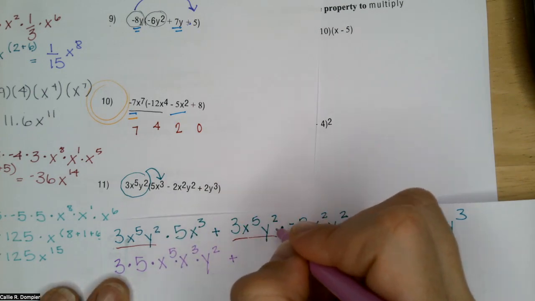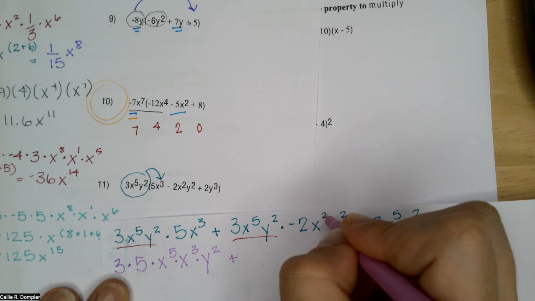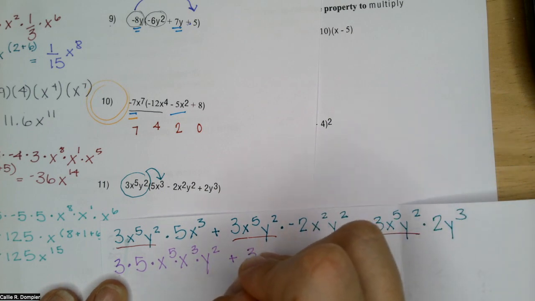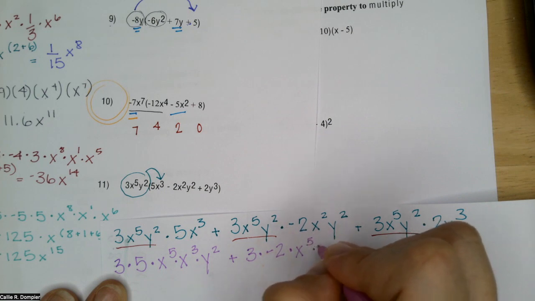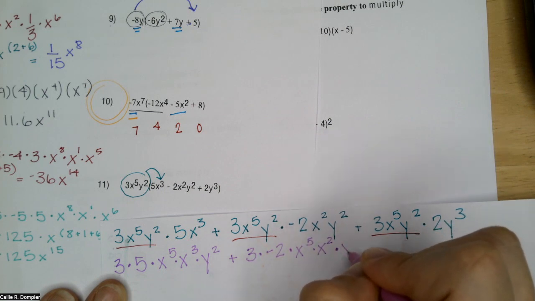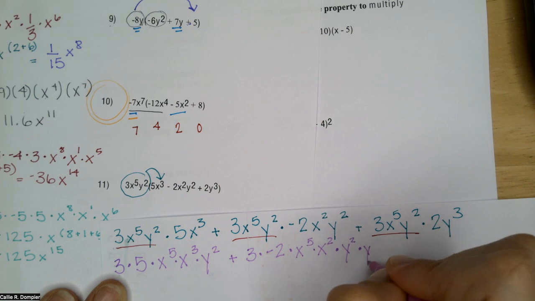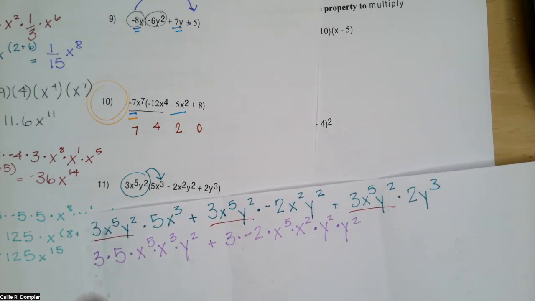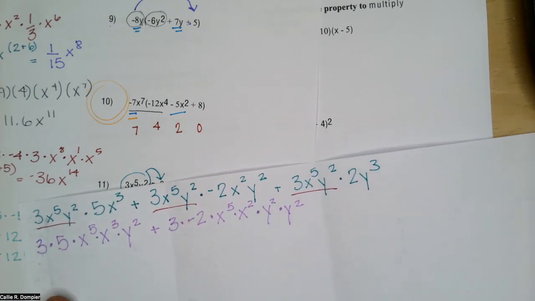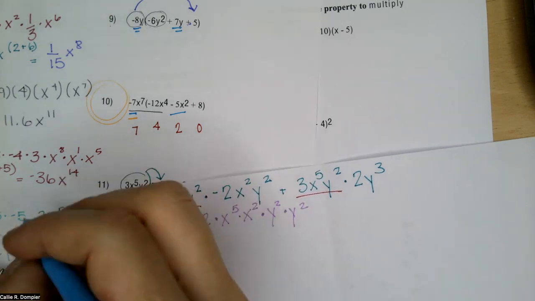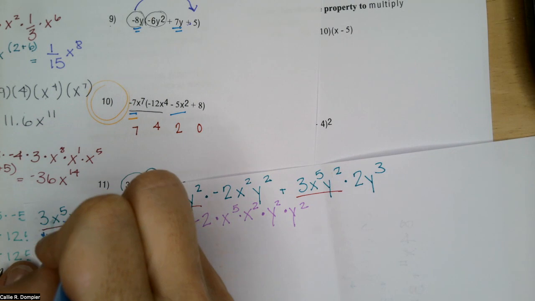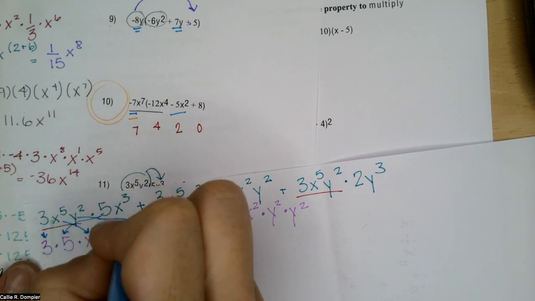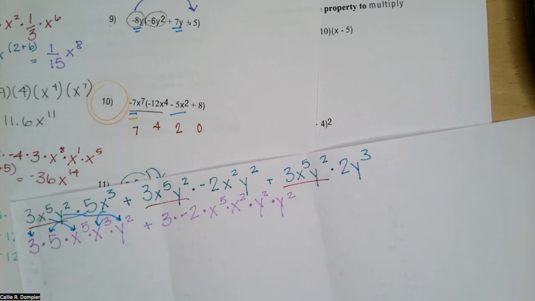3x to the 5th y squared times negative 2x squared y squared. 3 times negative 2 times x to the 5th times x squared times y squared times y squared. So that's that 3, that's that 5, that's that x, that's that y, that's that x, okay?